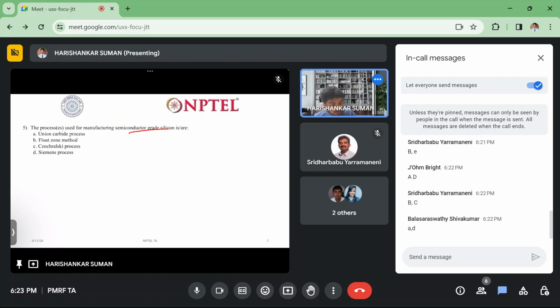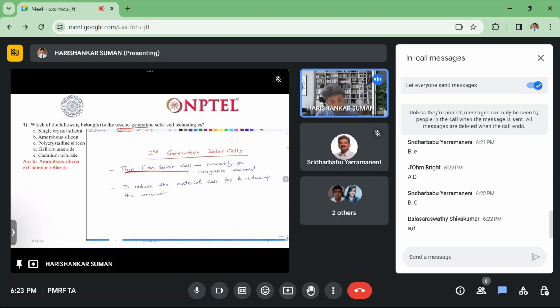And the question is about grade silicon. A and D is the correct answer: Siemens process and Union Carbide process. That is how we can obtain the grade silicon. Okay.